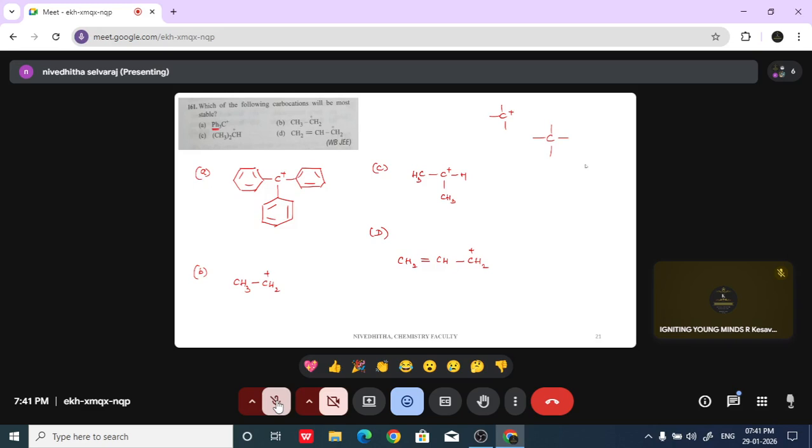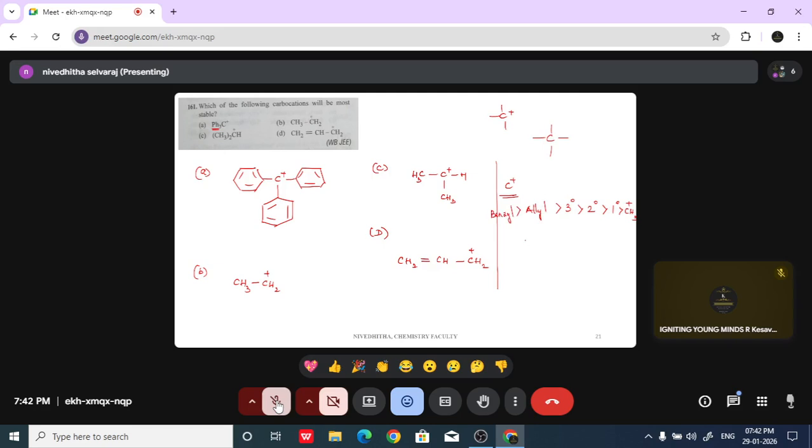You would have studied the stability order of carbocation. Generally, tertiary carbocation is more stable, then secondary, then primary, and least is methyl carbocation. More than tertiary, allyl carbocation is stable. More than allyl, benzyl carbocation is most stable.